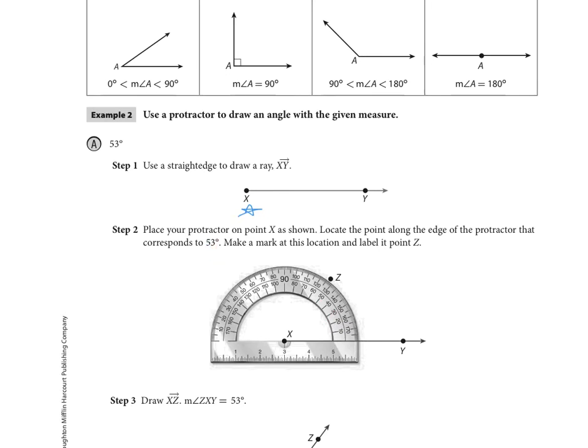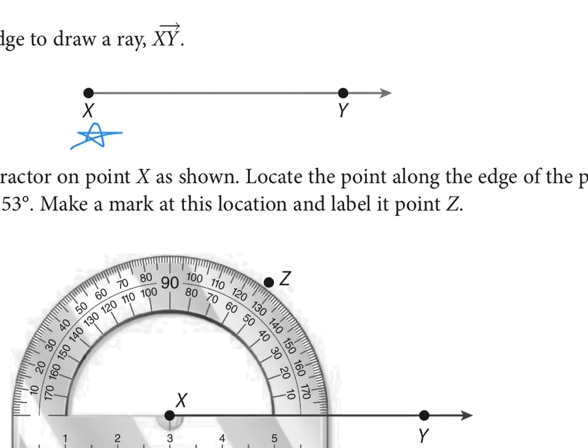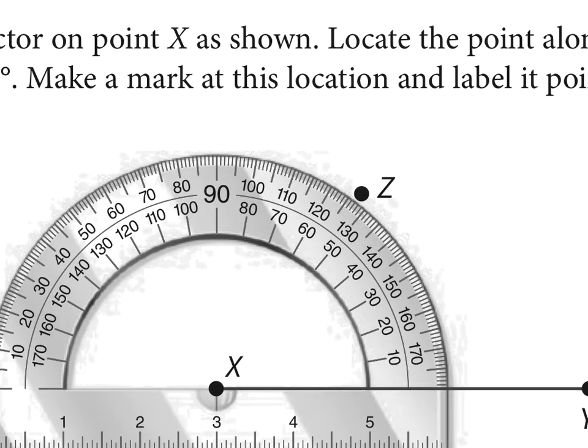So we're going to go out to, here's 50. I'm going to zoom in a little bit so you can see a little better. So we have up to 50. And then 53, you can use the outside tick marks to 1, 2, 3, and you can see that's where they put point Z to construct the other side of the angle.